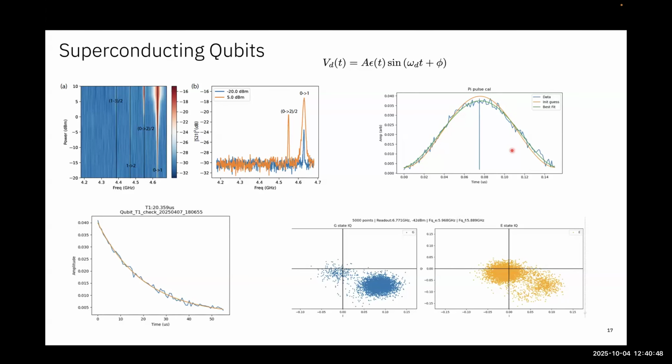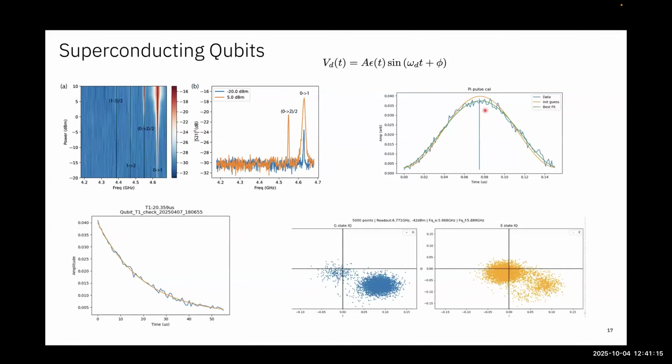When you get something like this, you can see that you are rotating on a Bloch sphere, from 0 to half to 1, back to half to 0. So you get from 0 to a mixed state of 0 and 1 to 1 and back, which is a rotation about the x-axis of the Bloch sphere.